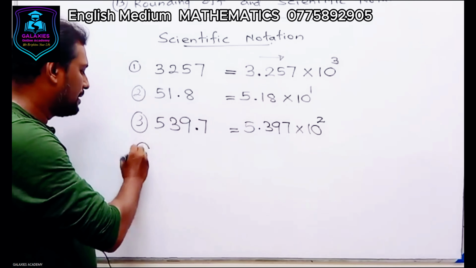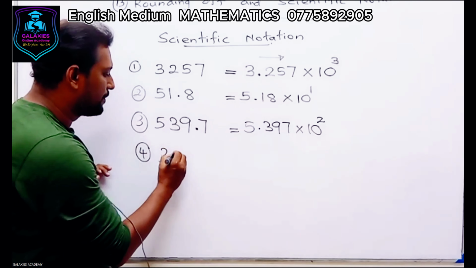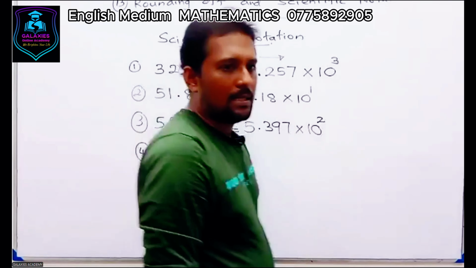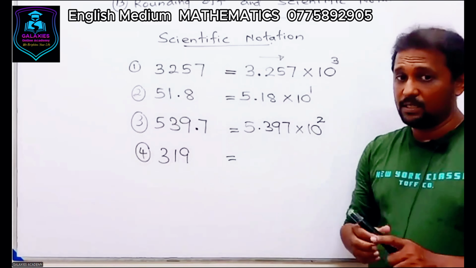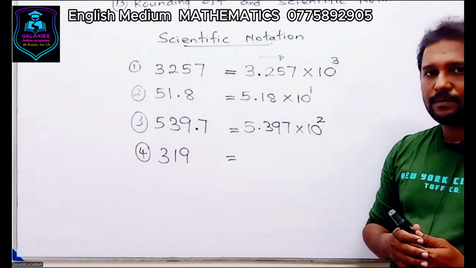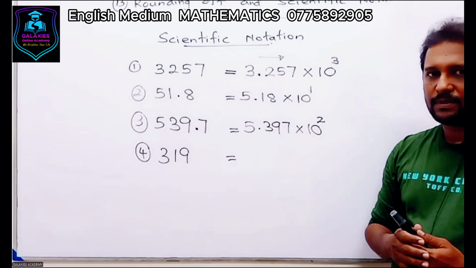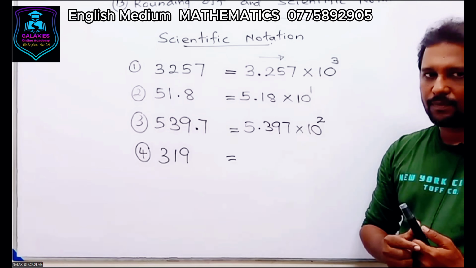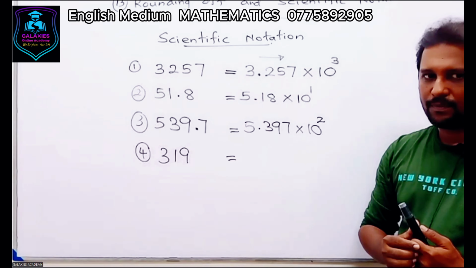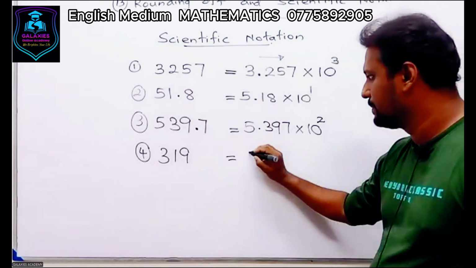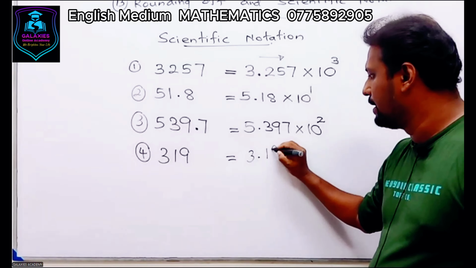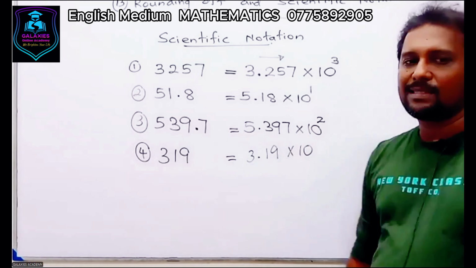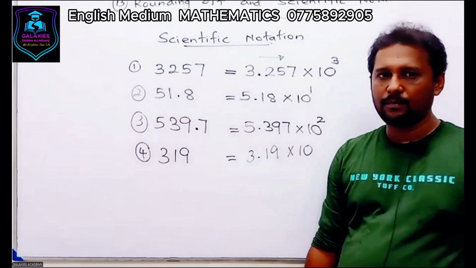Right. Another example, look at 319. Who can give the answer, the scientific notation of this? 3.19. 3.19 multiplied by 10 to the power, what is the index? 2.